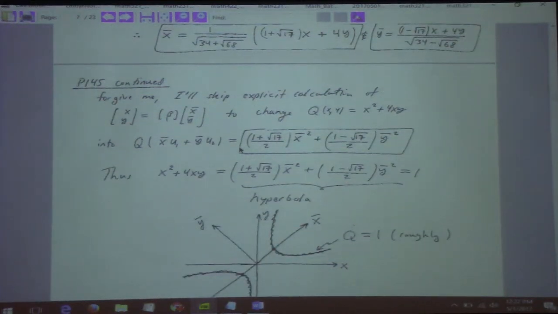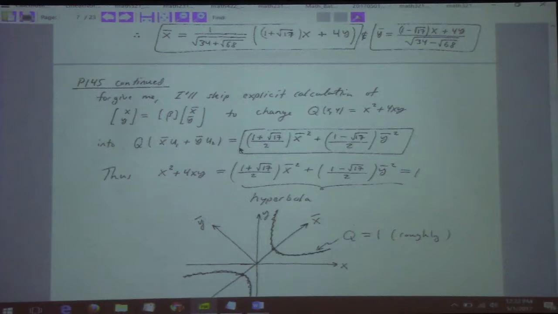And if I actually solve for x, if I replace x and y with x bar and y bar, I would actually get this formula, right? As it happens. So there's your formula in eigencoordinates for the quadratic form. And geometrically, if I have x squared plus 4xy equal to 1, what you're looking at is a hyperbola. See, because that's negative and that's positive, so you're looking at something plus squared minus something squared equal to 1. This is a hyperbola.